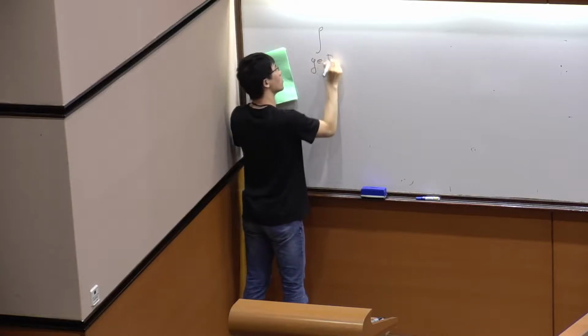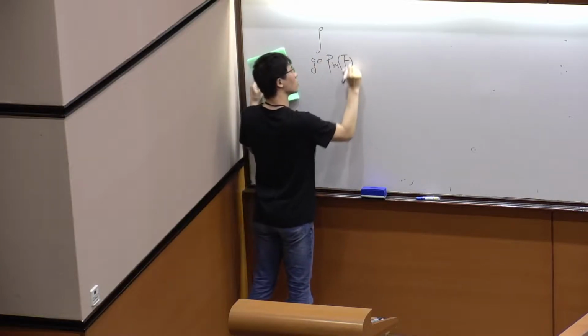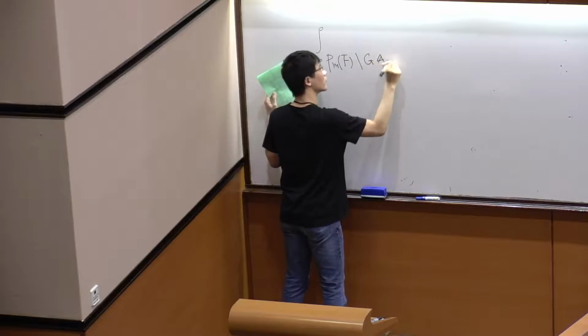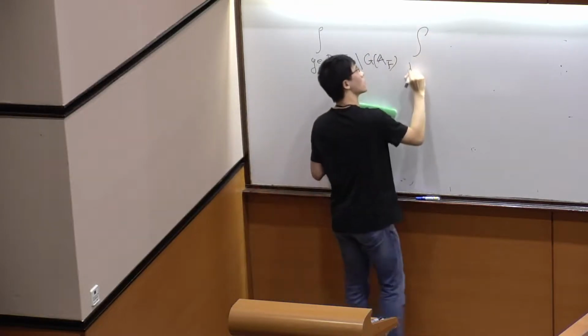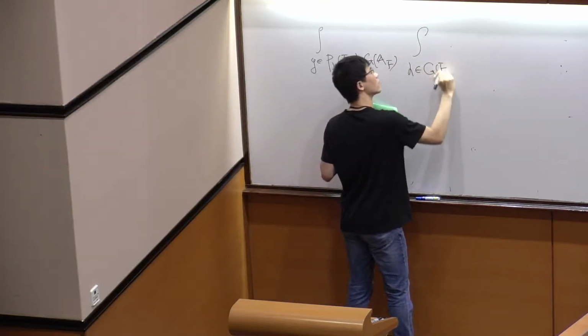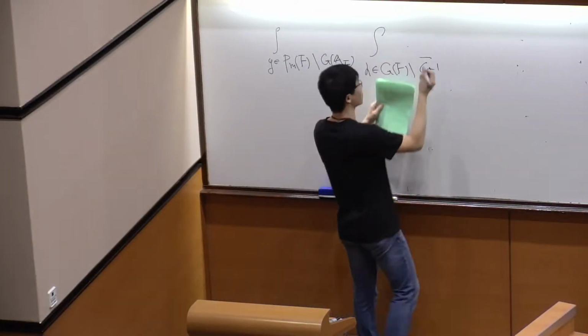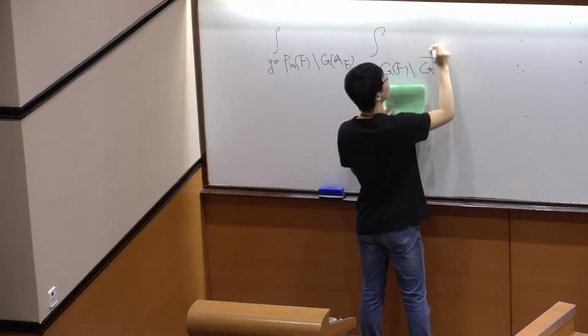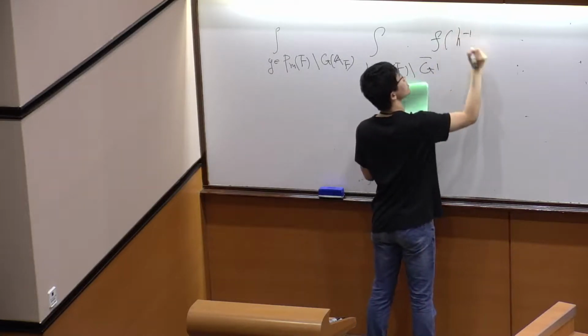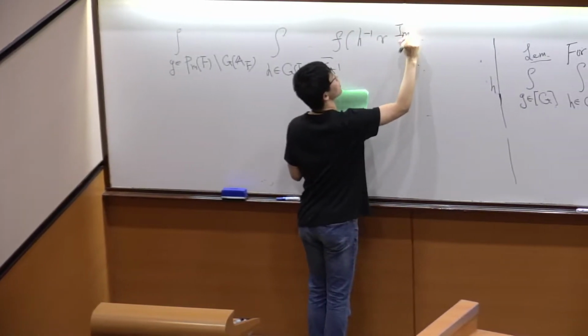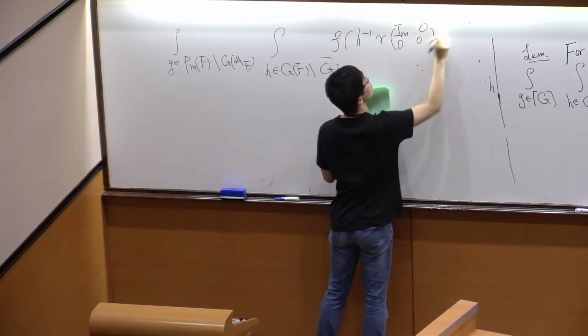G lies in PM, F, and here's GAF, and H lies in GF, G1 bar. And here is F of H inverse for each representative in the orbit, and here is just G.